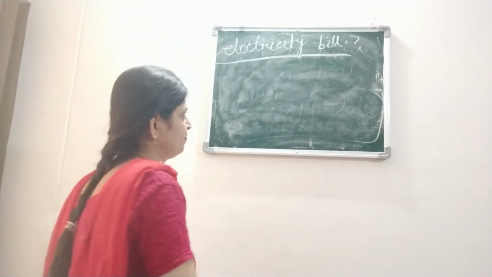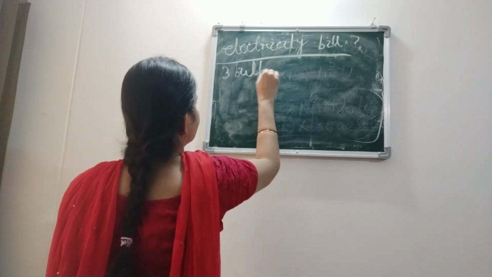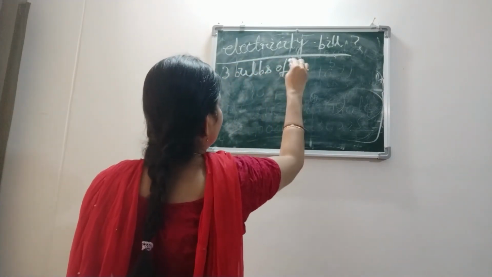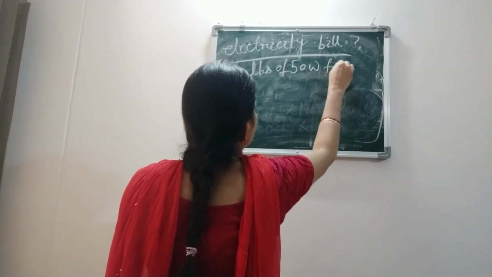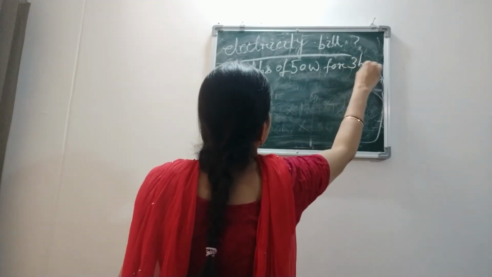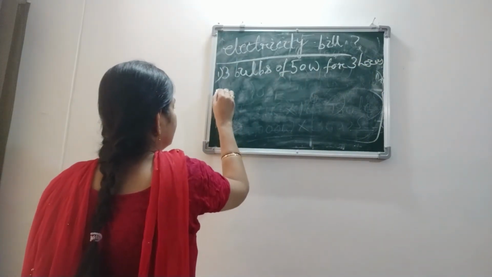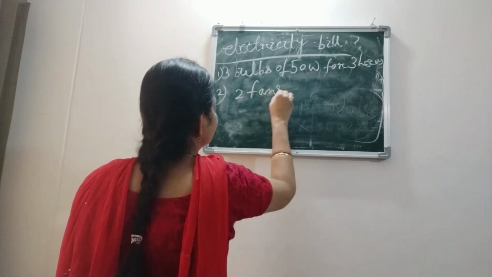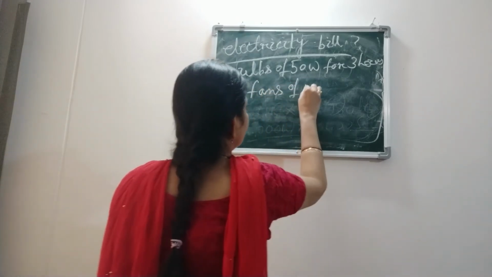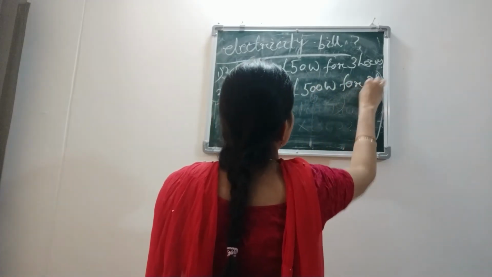For example, suppose 3 bulbs of 50 watt for 3 hours. Second, 2 fans of 500 watt for 2 hours.